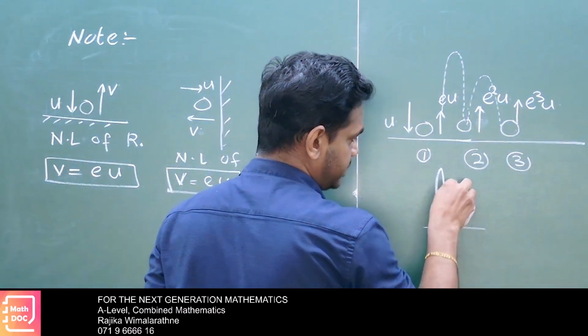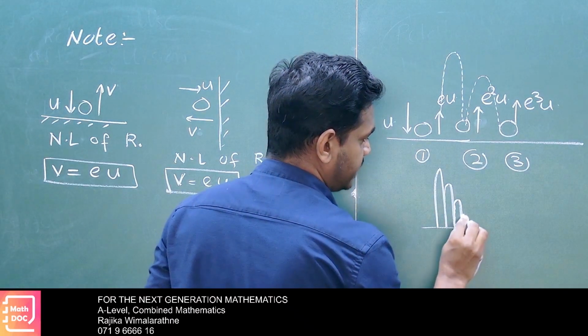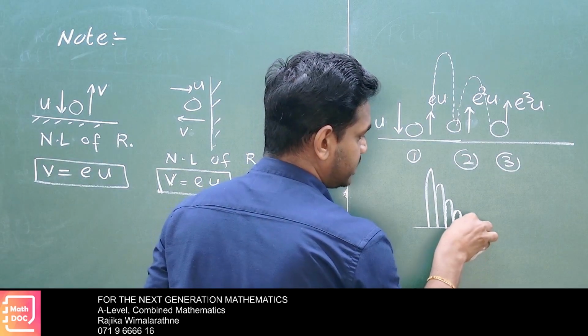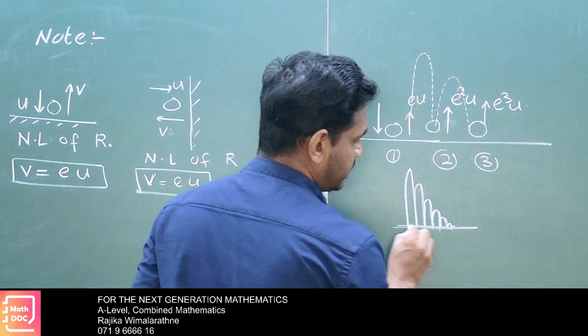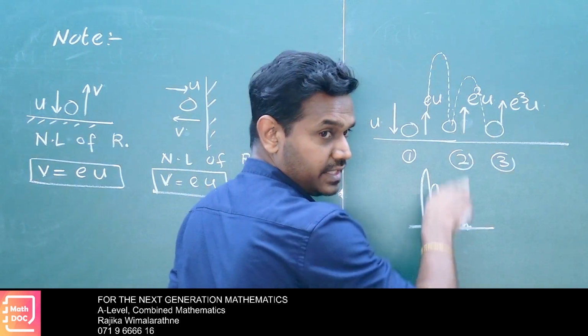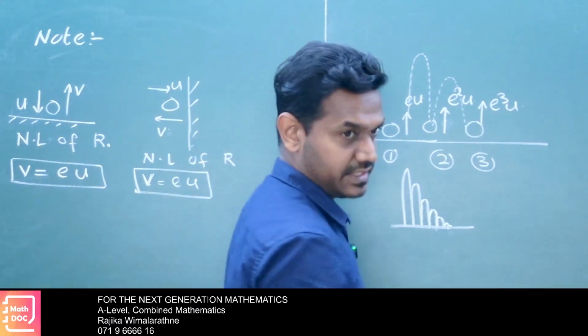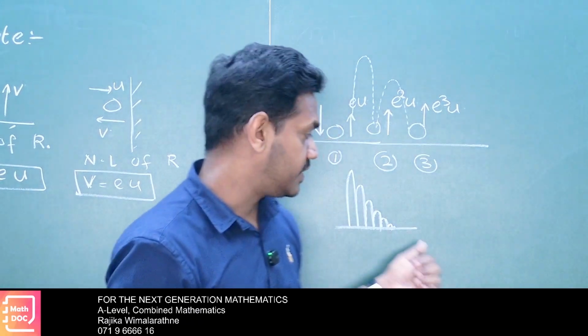Then the next collision, and it goes on. The collisions never end; they happen repeatedly, but we can see that in the end it goes towards equilibrium.